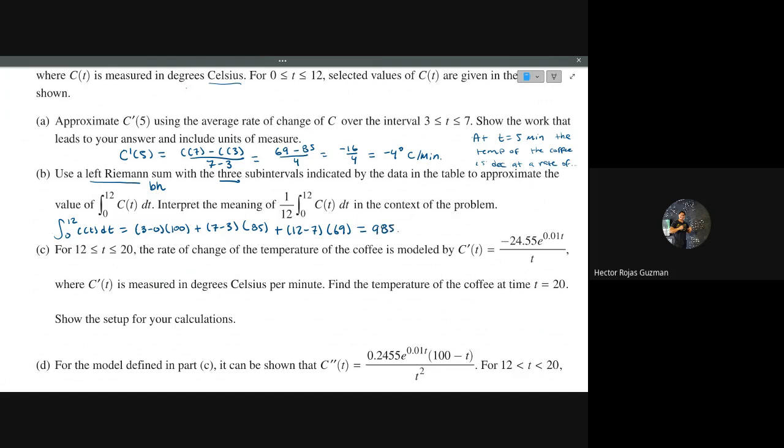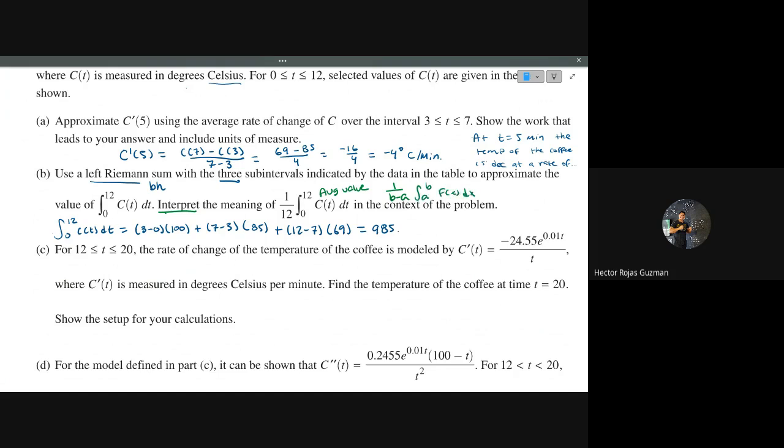Next, we're going to interpret the meaning of 1 over 12 times the integral from 0 to 12. That right there is the average value. We don't have to calculate it, we just have to interpret. How do I know it's the average value? Because that is 1 over b minus a, the integral from a to b of f of x dx.